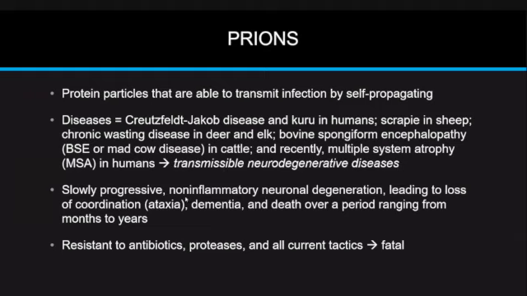Prions themselves are protein particles. They are self-propagating. They're able to transmit infection, even though they're not considered technically an organism because they lack DNA, but they can propagate more prion proteins. Some of the diseases they cause are listed here.